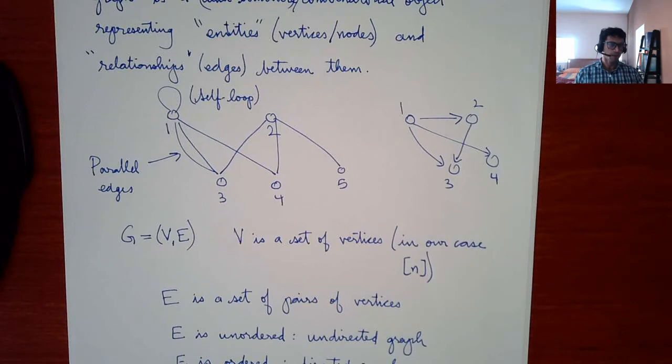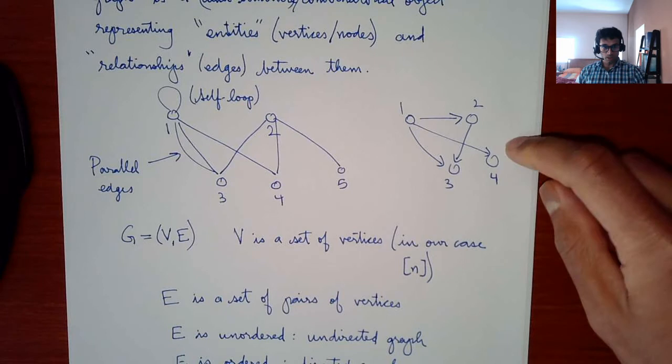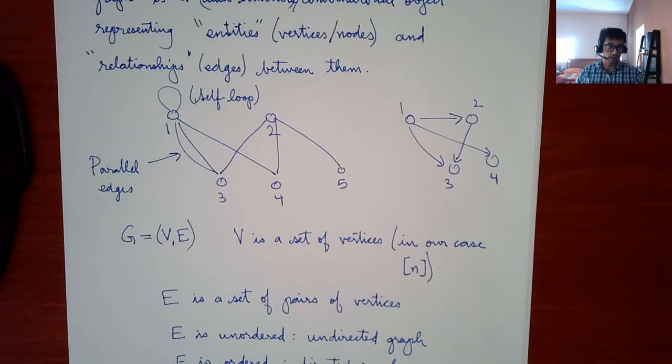And to give you an example, Facebook would represent its friend network as a simple graph, because in some sense, you're not friends with yourself. When you're friends with someone, then that person is friends with you. And it's only one relationship. There's no parallel relationship. On the other hand, on Twitter, if you look at followers and followees, that's a directed network, right?